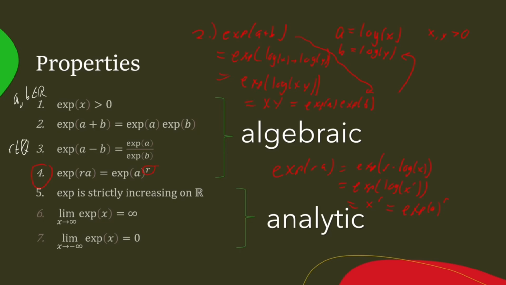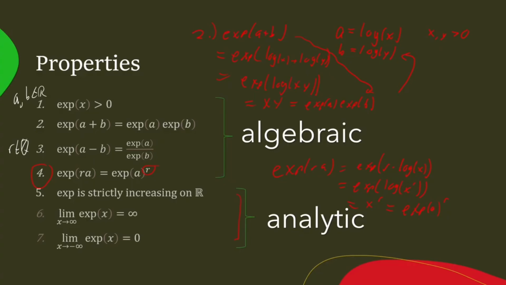And in a similar way, we can show all these properties are true, including the analytic ones, just using the fact that the exponential function is the inverse log function. In particular, for these analytic properties here, it's strictly increasing.